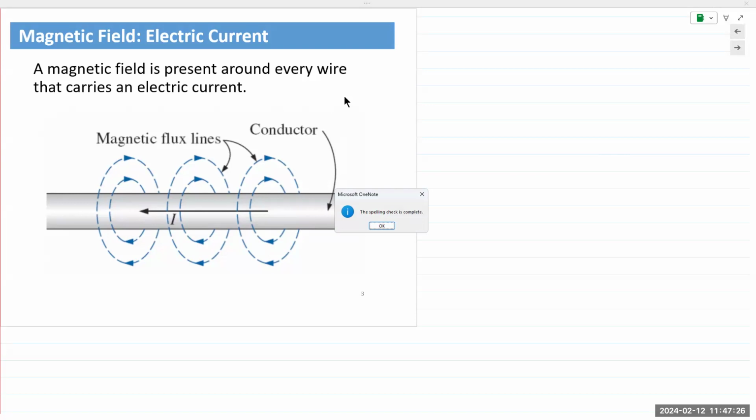When current passes through a wire, it establishes magnetic flux lines. Those magnetic flux lines, comprised of photons, can be represented by the right-hand rule. The right-hand rule states, if you hold a wire in the palm of your hand and you bend your fingers with your thumb extended outward, and the thumb points in the direction of the current, then your fingers are pointing in the direction of the magnetic flux lines.